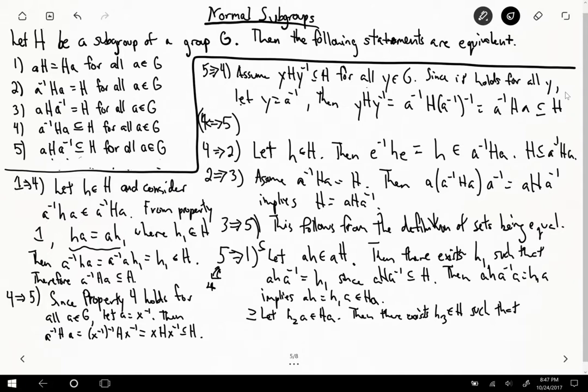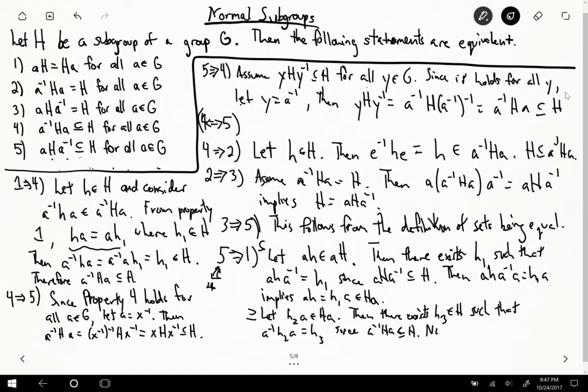So we have A inverse H2 A, following property 4, should equal H3. H3 is an element of H, and the reason we can get away with this is since A inverse HA is contained in H.